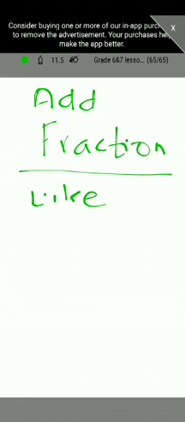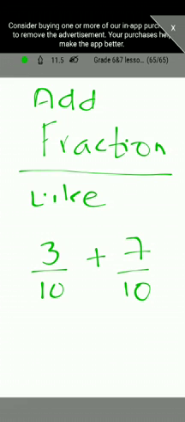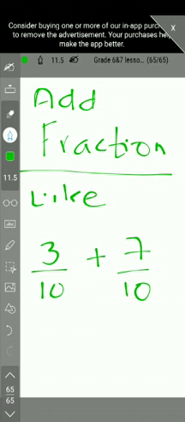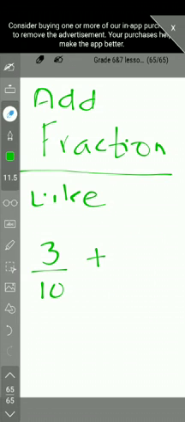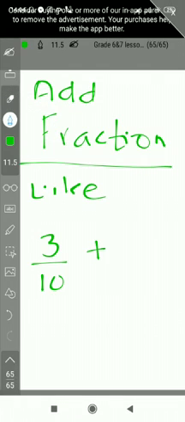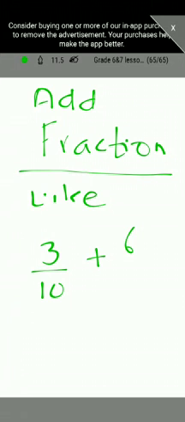For example, you have 3/10 plus 6/10. Sorry, 6/10.